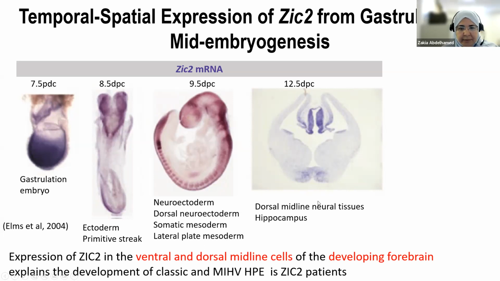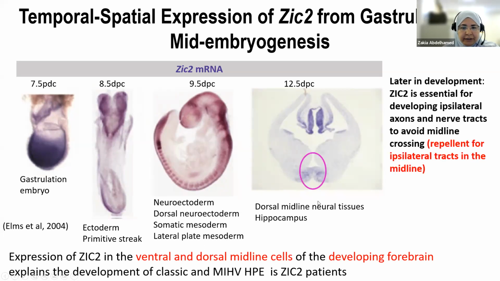Later in development in the brain, you still see it in the ventral forebrain and the dorsal forebrain, and it is known to cause the midline to be repellent for the developing axons. A very interesting observation that has been made in mice.